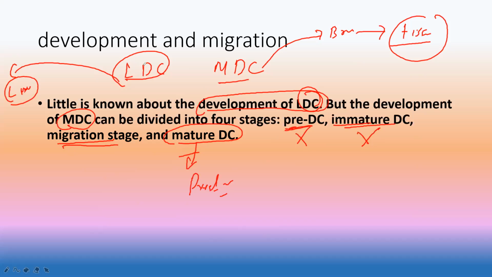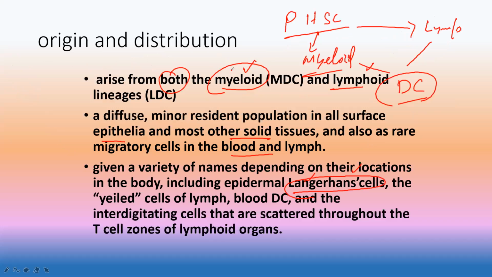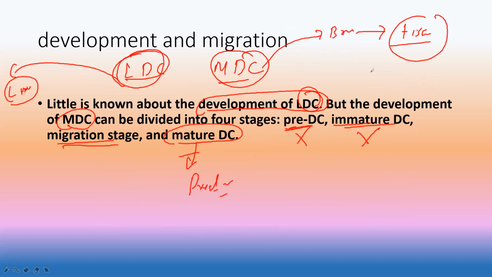So we have two types: one derived from lymphatic tissue and one derived from the myeloid line. The pluripotential hematopoietic stem cell changes to two mother cells, one myeloid and one lymphoid. The dendritic cell derives from both. Keep that in mind.